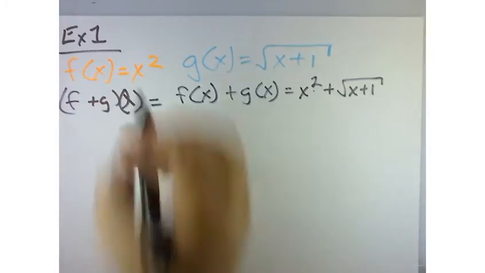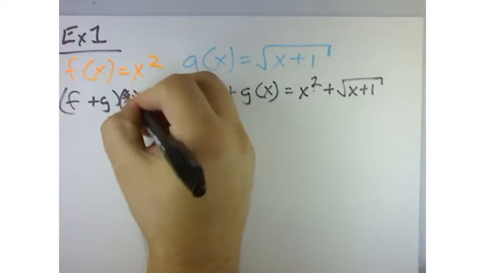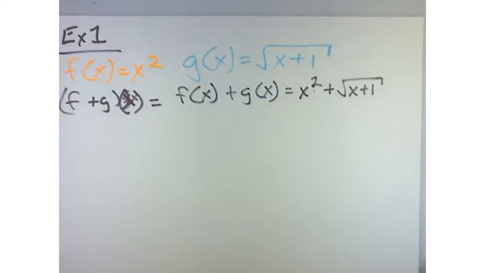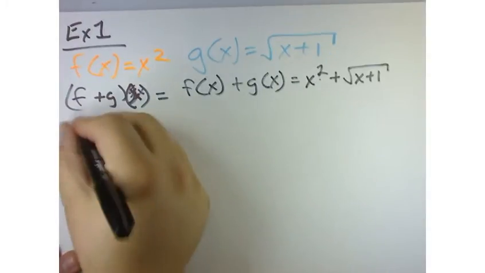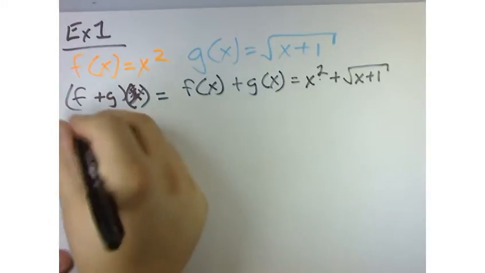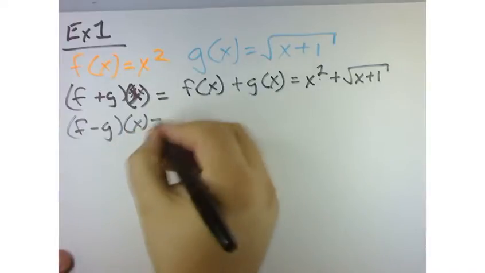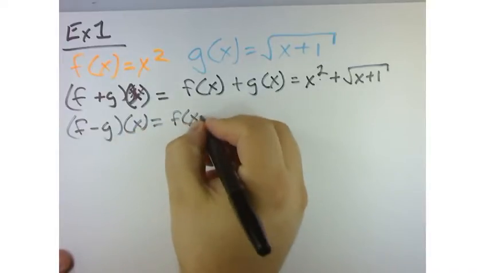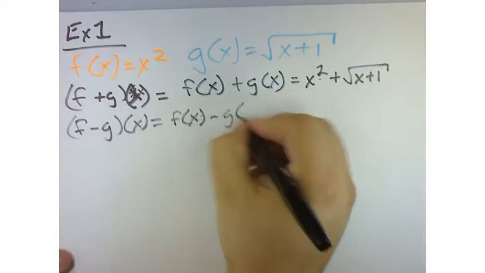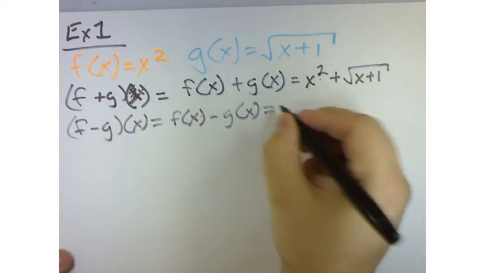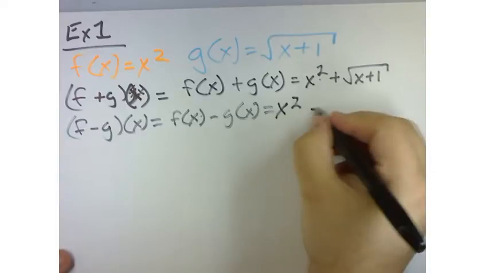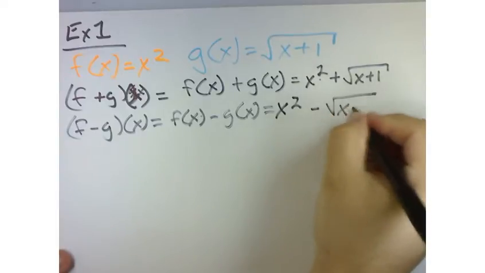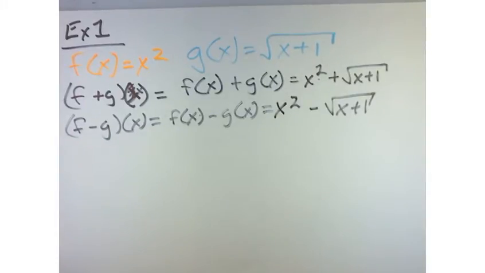Now, if I wanted to do f minus g of x, I would say f of x minus g of x. This part isn't that confusing.